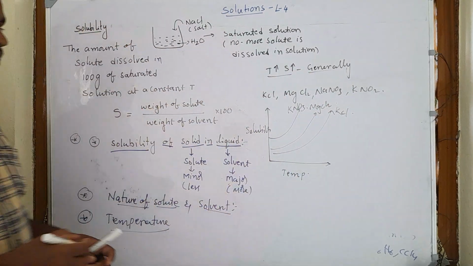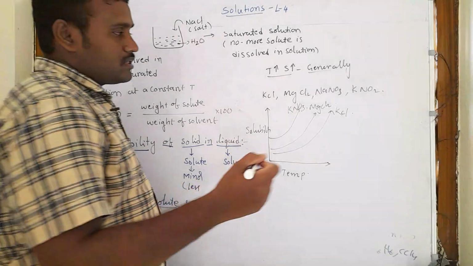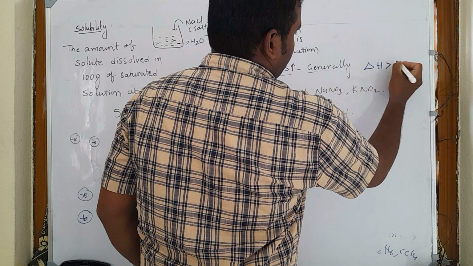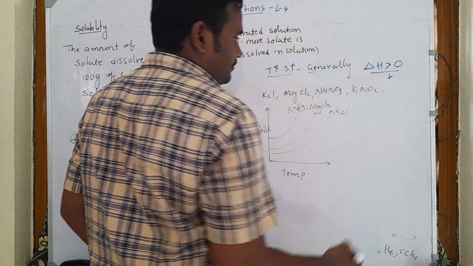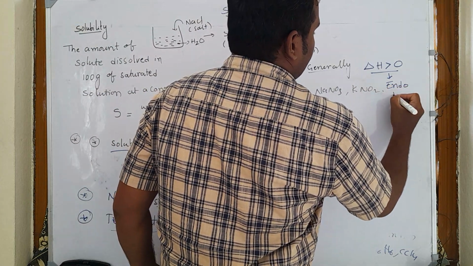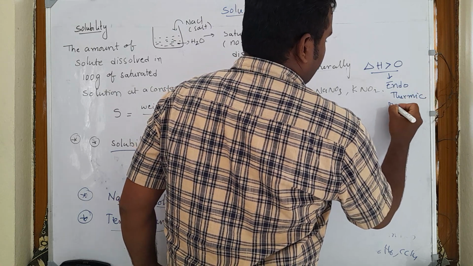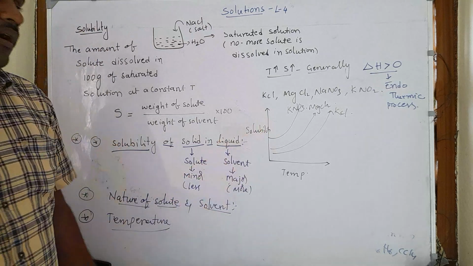Likewise, as temperature increases, solubility also increases. So in this case, delta H is greater than 0. It is an endothermic process. Endothermic process means they are going to absorb the energy.